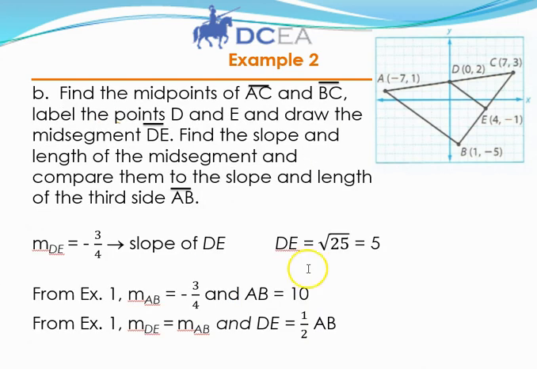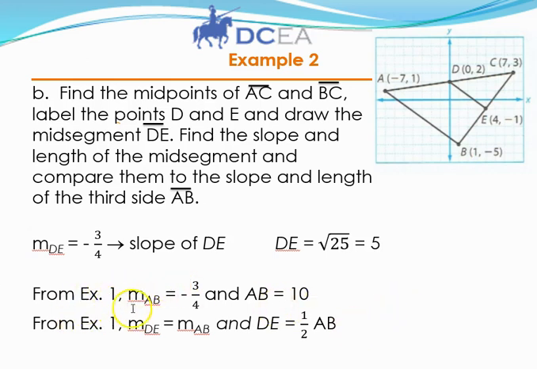The second half of that example, we now need to find the slope and the length of the mid-segment. So the mid-segment is DE, and compare our findings from example 2 to the findings from example 1. So the slope of DE equals negative 3/4. The length of DE is the square root of 25, which is 5. Now let's compare.